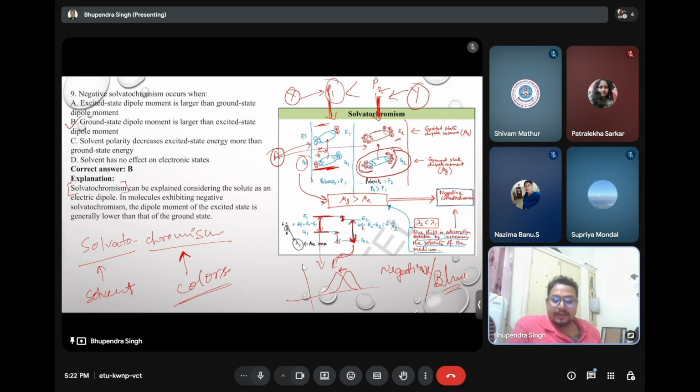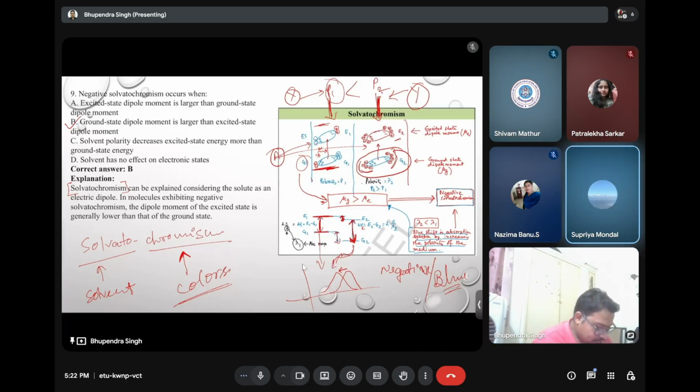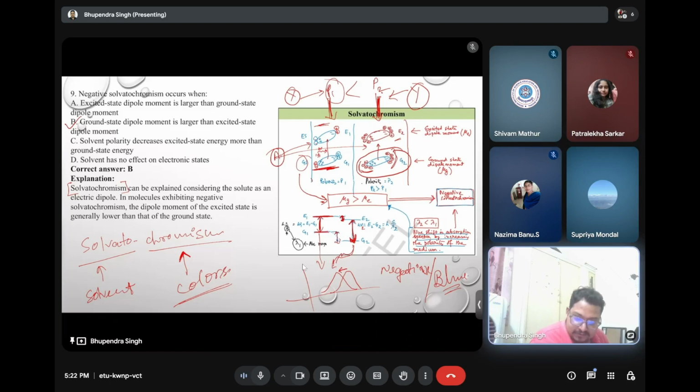But okay, tell me what is positive solvatochromism? What will be the conditions? Just this much only. Yes, it will be red shifted.